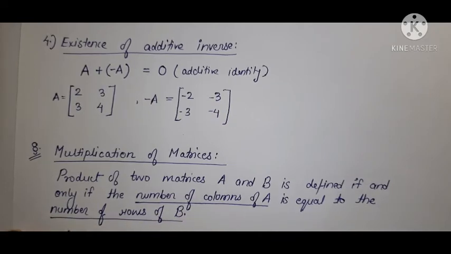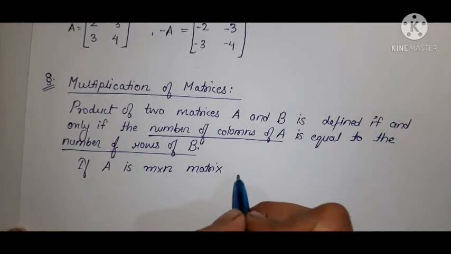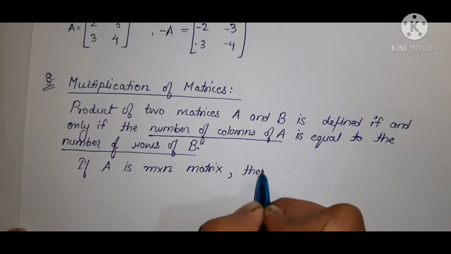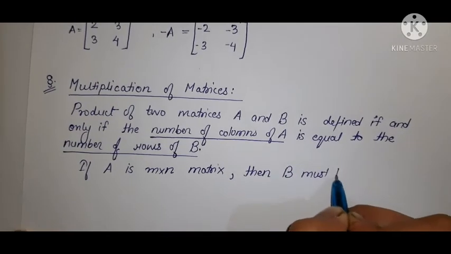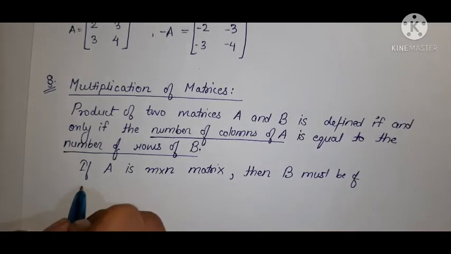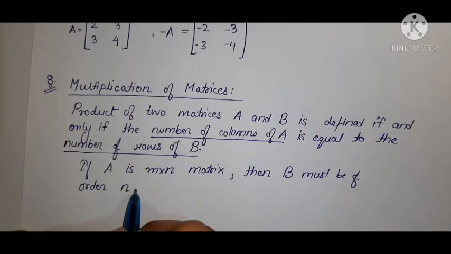Means if A is an m by n order matrix, here the number of rows is m and the number of columns is n, then B must be of order n by p.